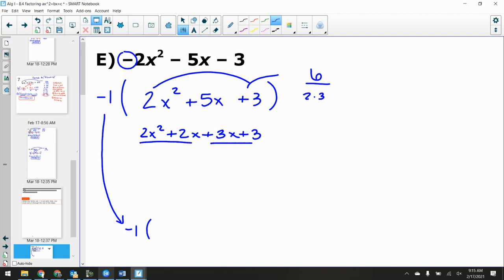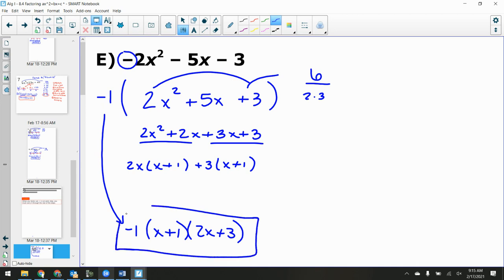We factor by grouping. We pull out the 2x, leaving an x plus 1. We pull out a 3, leaving an x plus 1. So my final answer just includes that -1 that I brought down. That's the only separate thing I do with that negative leading out in the coefficient.